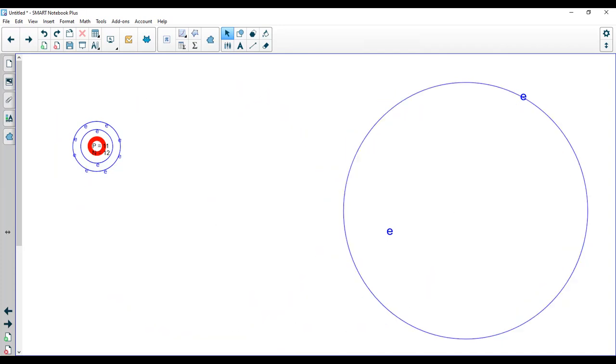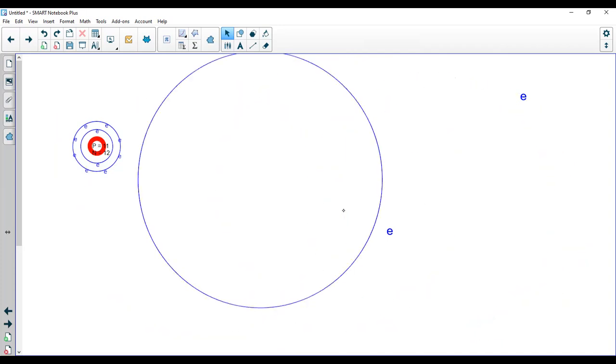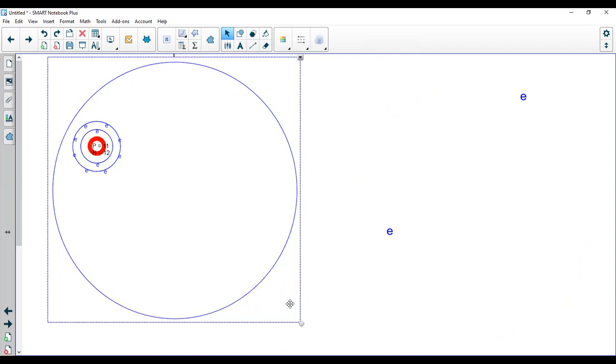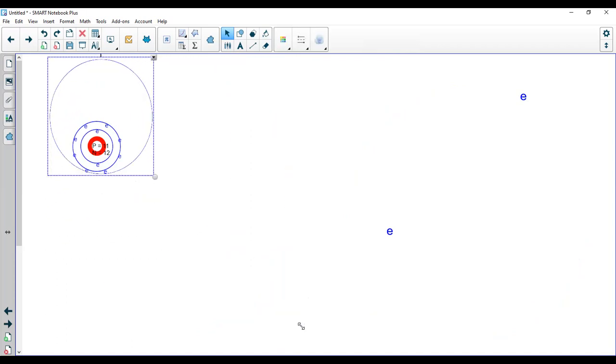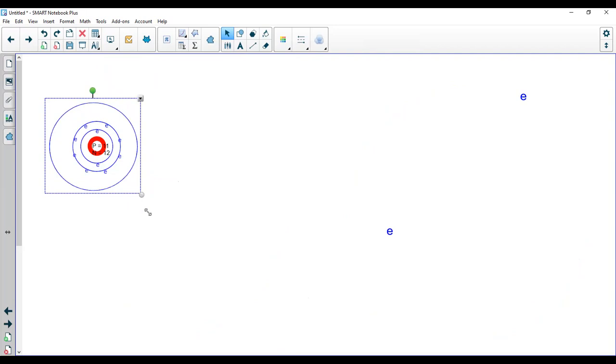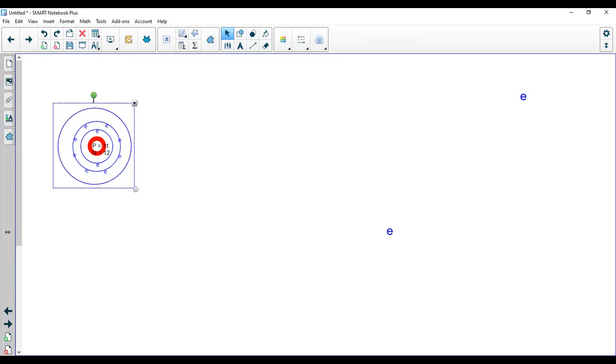That's also there. But this orbit is not an ordinary orbit, because when we place many atoms together, this particular one is going to overlap.